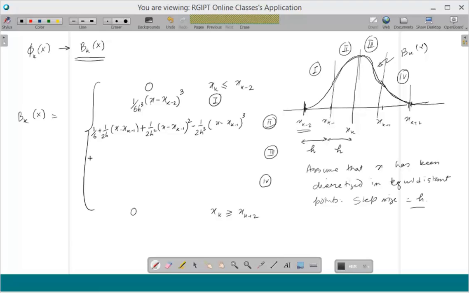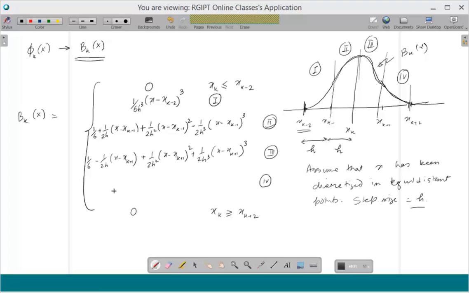So I just write that again: 1 by 6 minus 1 by 2h x minus xk plus 1 plus 1 by 2h square x minus xk plus 1 square plus 1 by 2h cube x minus xk plus 1 cube.